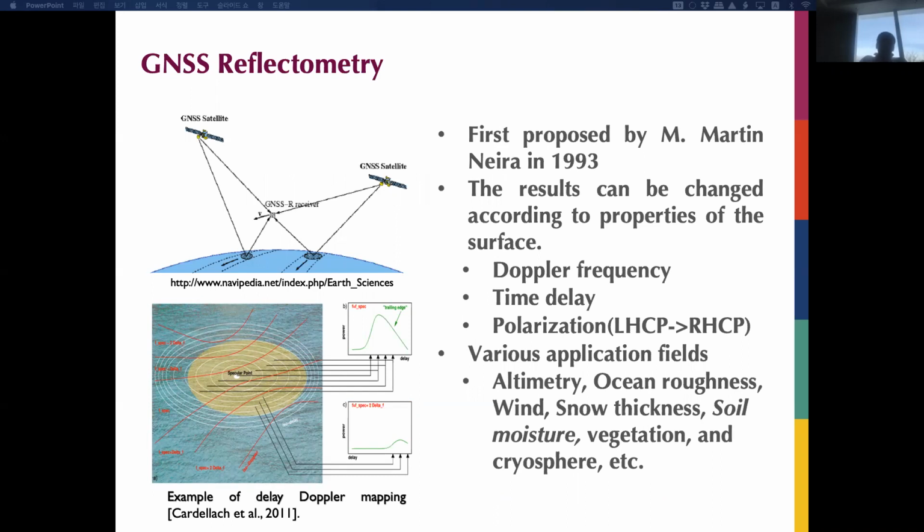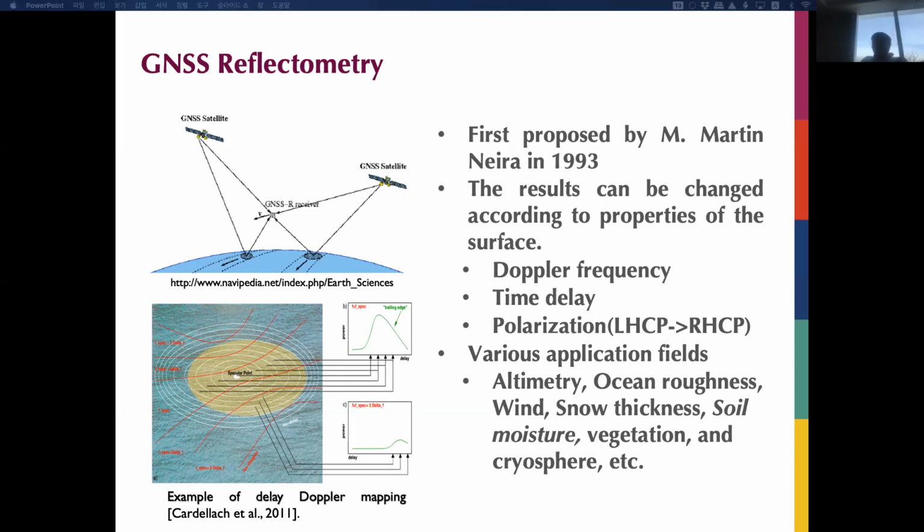This was first proposed by Martin Naylor in 1993. In his research, he proposed to measure the ocean roughness using the PARIS project. The direct signal from the GNSS satellite has right-hand circular polarization. When the signal is reflected on the surface, it changes its polarization and timing, and there is a little change in the frequency.